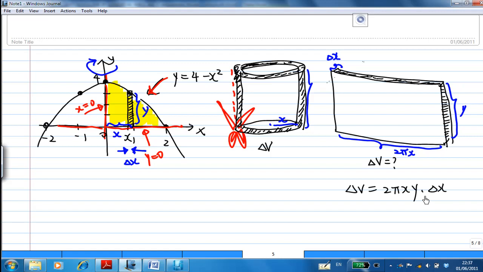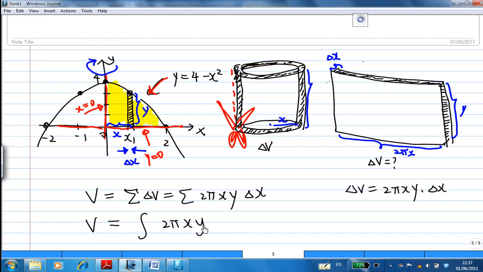So in order to find the volume of the solid generated, you sum up all the little thin shells. It looks something like this, very roughly speaking. And you let the thickness of the shell go to 0, and so V is equal to the integration of 2 pi x y dx, where my value of x goes from x equals 0 to 2 in the yellow region.